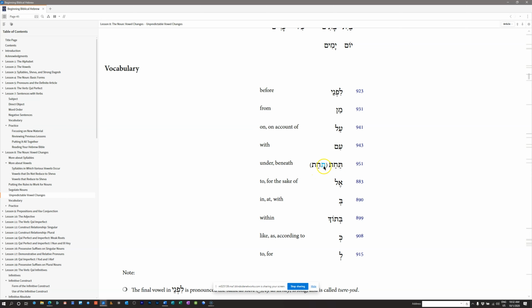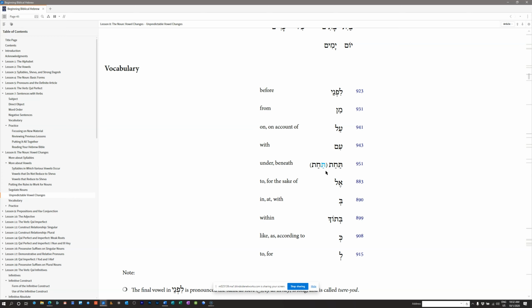Tachat, when you've got this blue syllable here, this means this is the accented syllable. So tachat, not tachat, tachat. Tachat means under or beneath. And I have a really dumb mnemonic for this one. I just see a magician with a top hat, and he's going to pull a rabbit out of his hat.